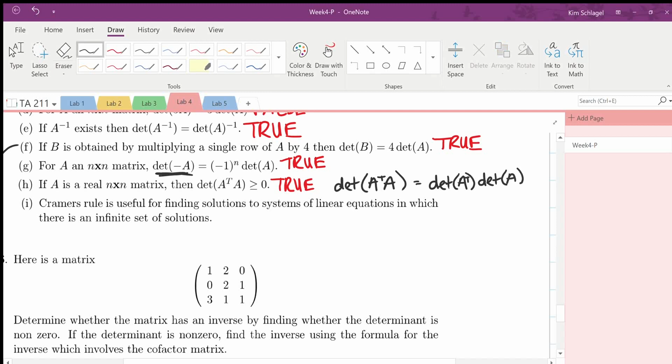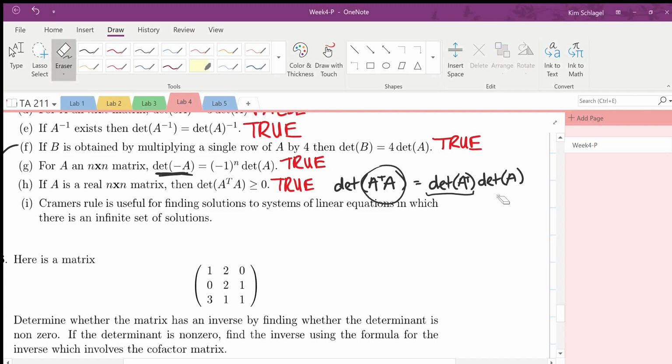So we know that if we are multiplying matrices together and then taking the determinant, it's the same thing as taking the determinant of each and then multiplying them together.